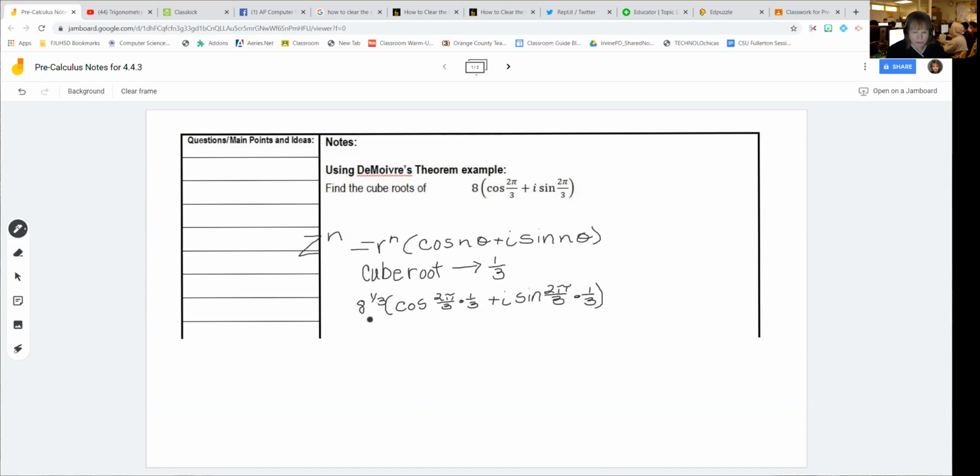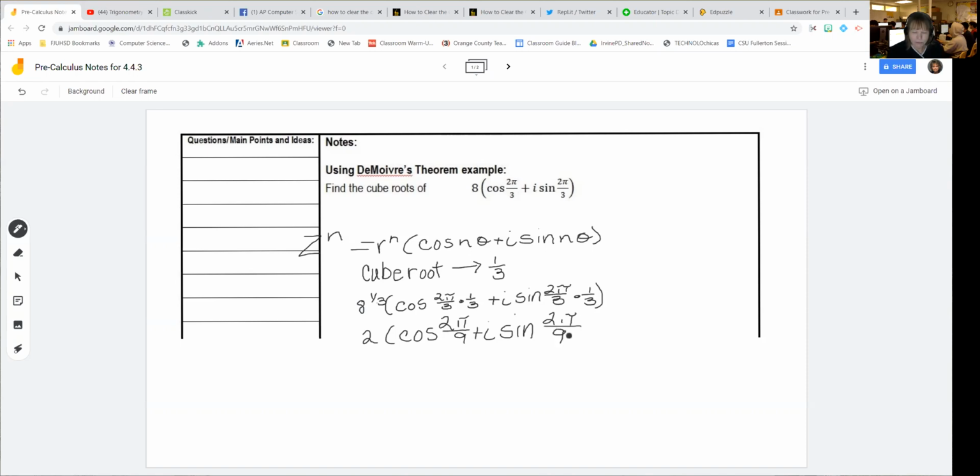So that simplifies to 8 to the 1/3 power, which means the cube root of 8, which is 2, cosine 2 pi over 9 plus i sine 2 pi over 9.